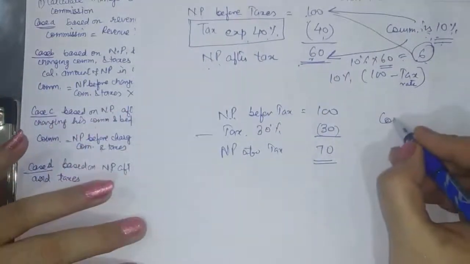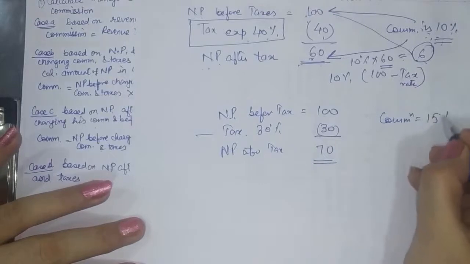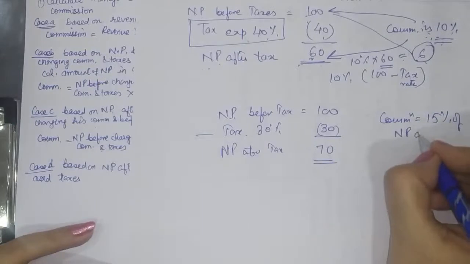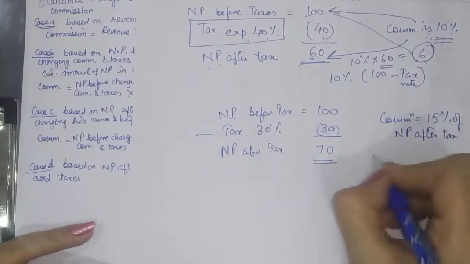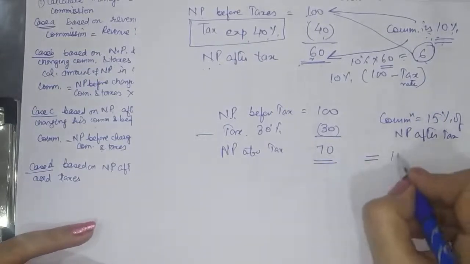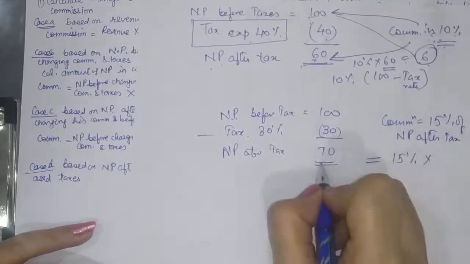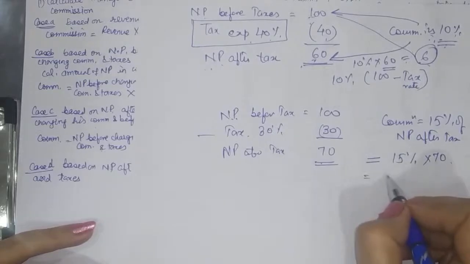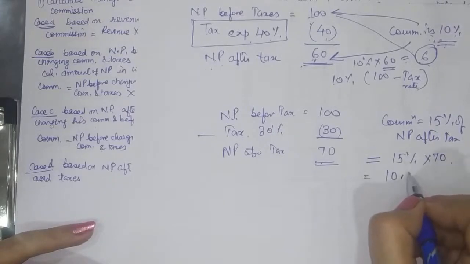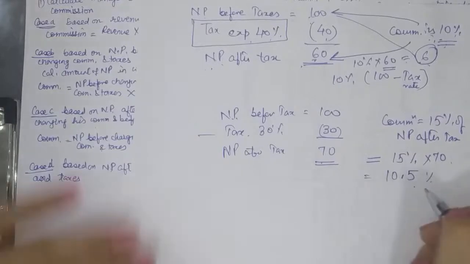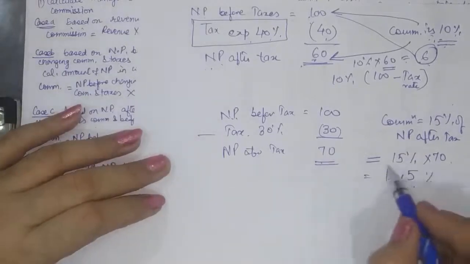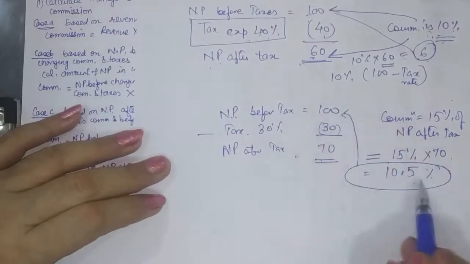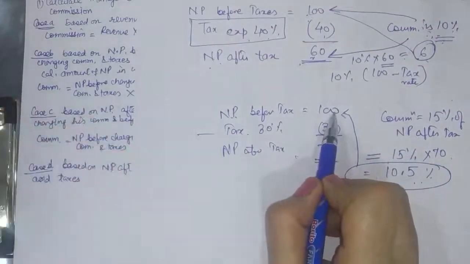Now assume the commission is 15%. Now 15% of net profit after tax is 15% into 70, which is 10.5. So it is equivalent to saying 10.5% of profit before tax.